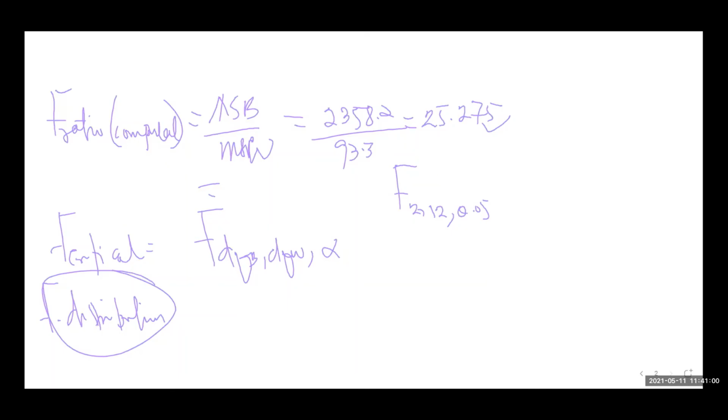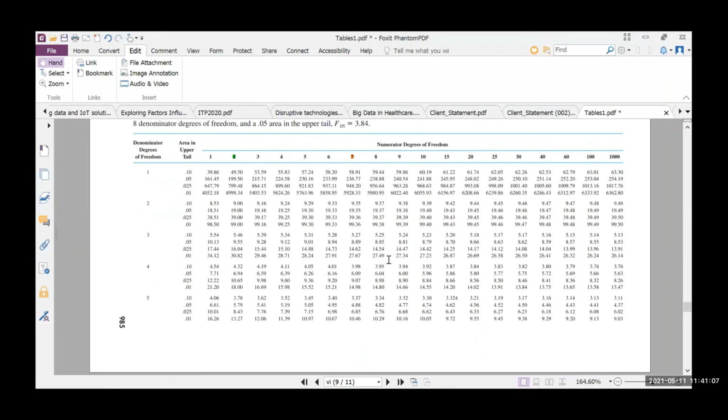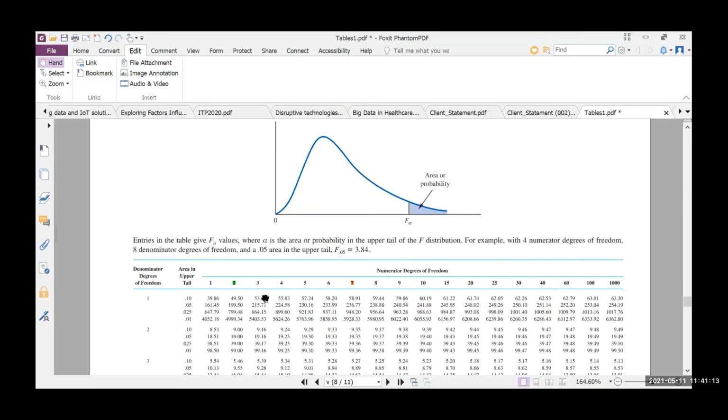So let me share my table. Okay, so this is the table. Please watch here. This is the F distribution table. We are looking at the first row, where you have the numerator degrees of freedom. That is the degrees of freedom between the groups, DFB.